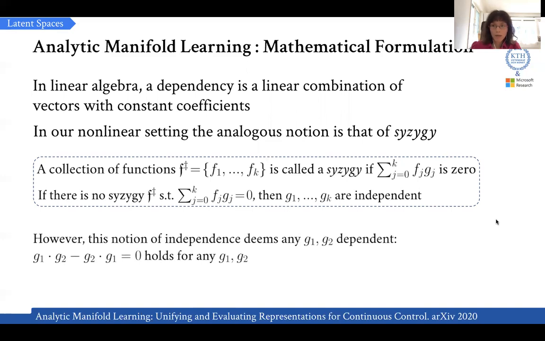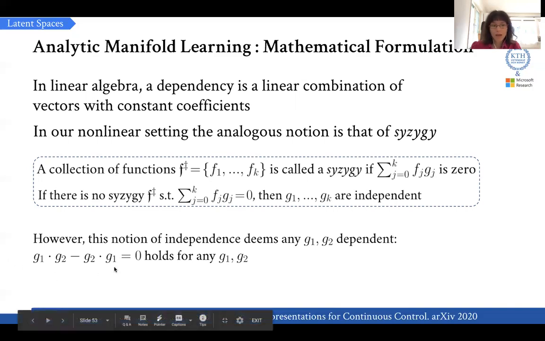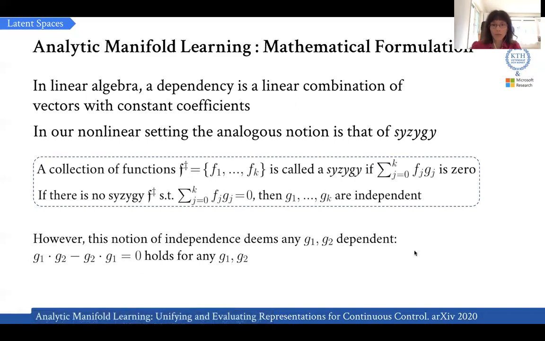But this direct translation from the linear to the nonlinear case yields a definition that is not very useful because it deems every pair G1 and G2 dependent, as you see here. Because basically f is a function, but it can also be viewed as a relation. So this is the problem here.